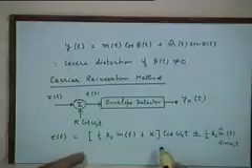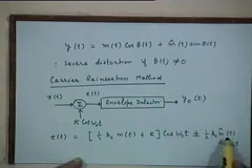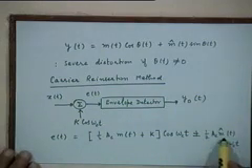For example, the DSB-SC signal has only one part, the in-phase part, half Ac m(t) cosine omega ct, right? Whereas the single sideband signal has both the in-phase part as well as the quadrature phase part, in which the quadrature phase part is the Hilbert transform of m(t), right?